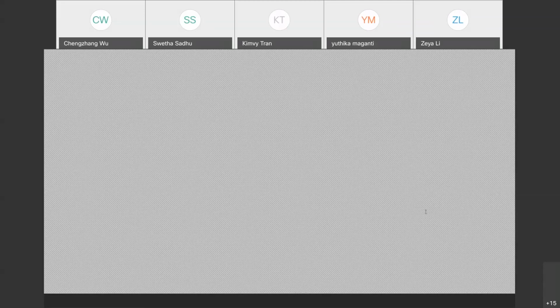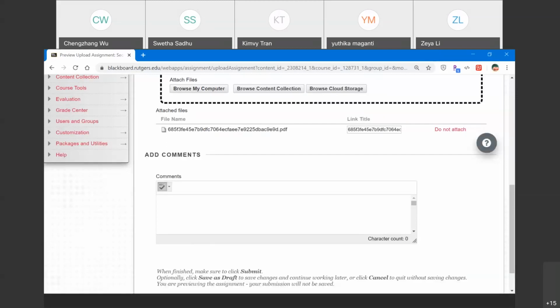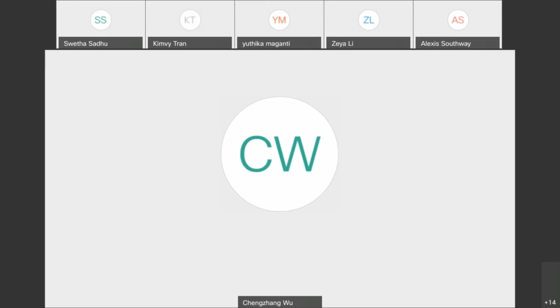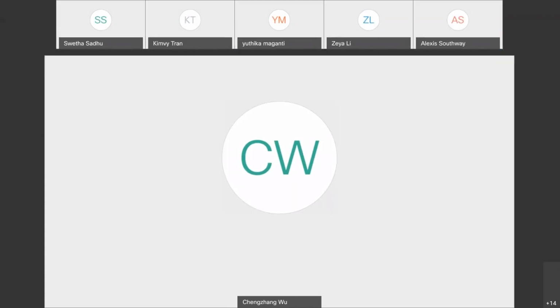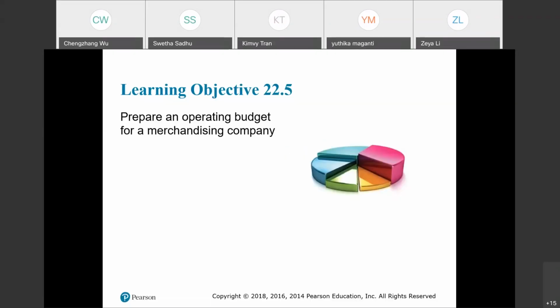Just one side counts as one page. Two-sided, 2 pages. Okay, let's continue on where we left.